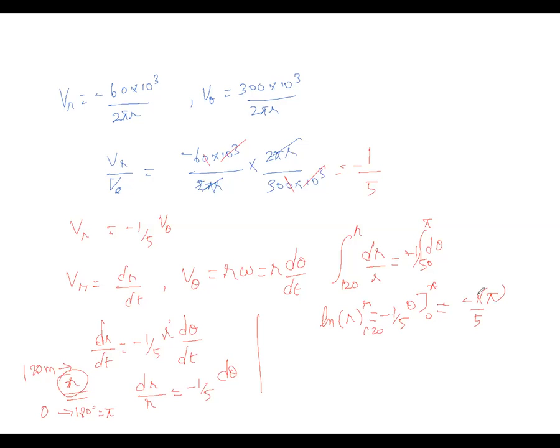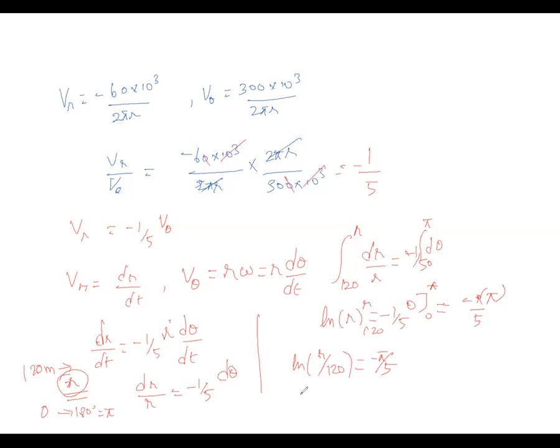So ln of r by 120 is equal to minus pi by 5.